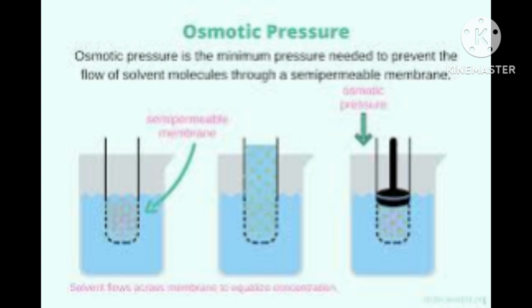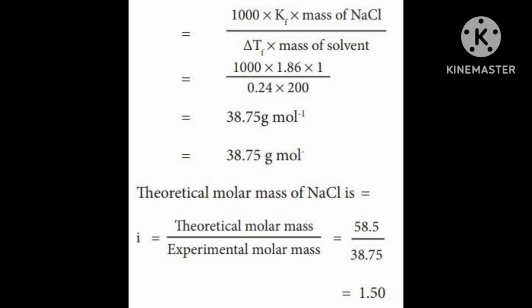On the pure solvent side, vapor pressure is more. That's why solvent molecules come from the pure solvent side to the solution side, due to the change in vapor pressure, that is called osmotic pressure: vapor pressure of solvent minus vapor pressure of solution.